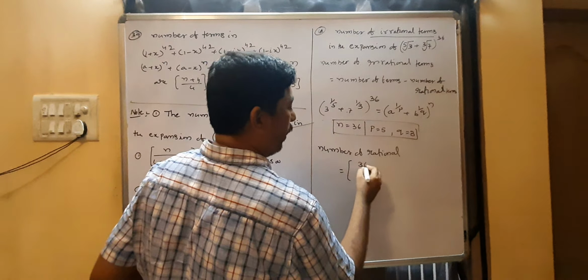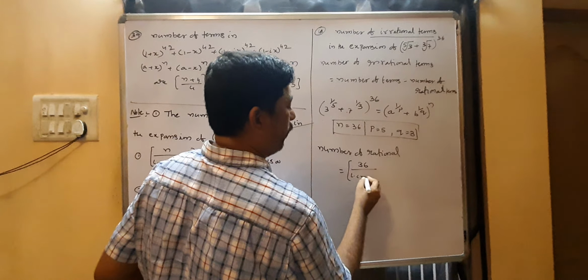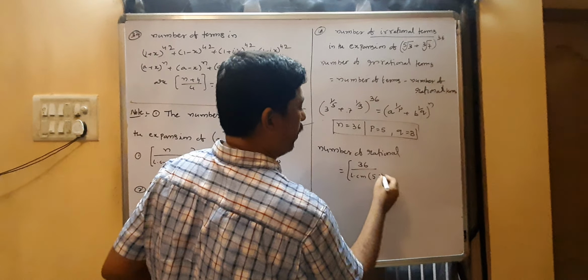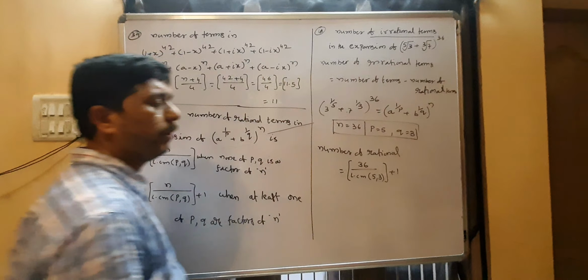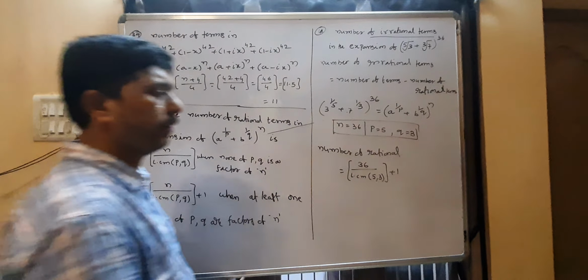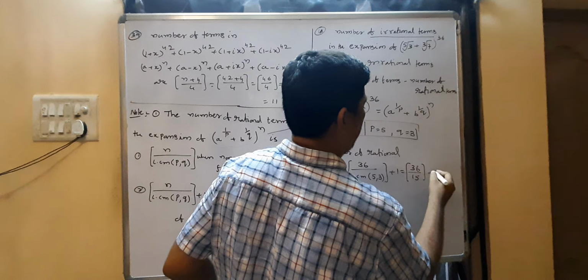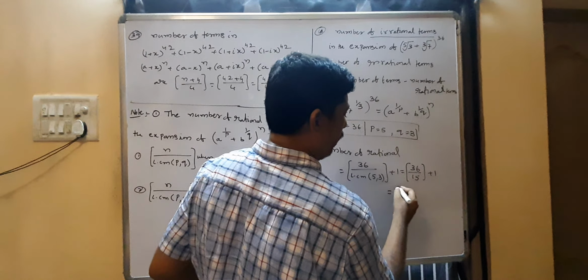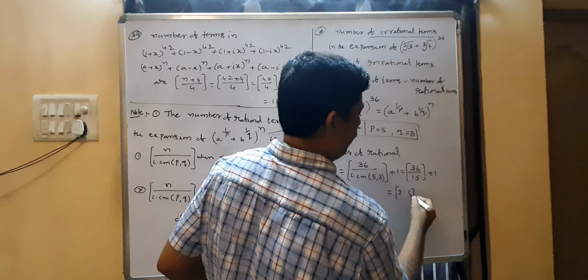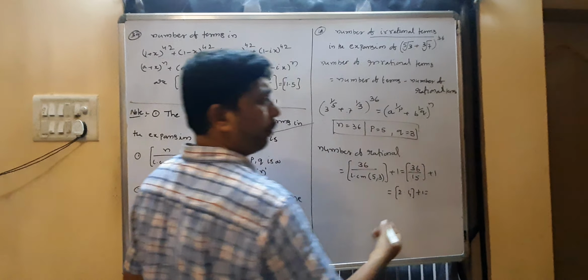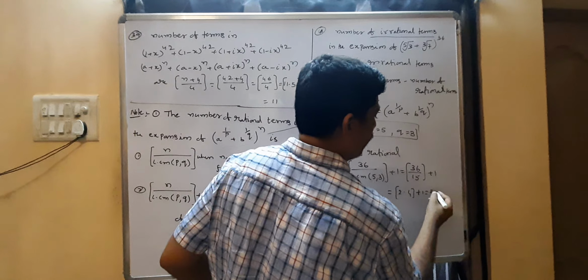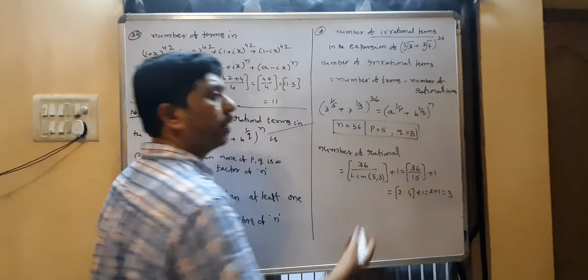step of n by LCM of p, q, plus 1. That is 36 by LCM of 5, 3, plus 1. LCM of 5, 3 is 15. 36 by 15 plus 1. 15 twos are 30. 2.4 plus 1. Step of 2.4 is 2, plus 1, that is 3. Number of rational terms are 3.